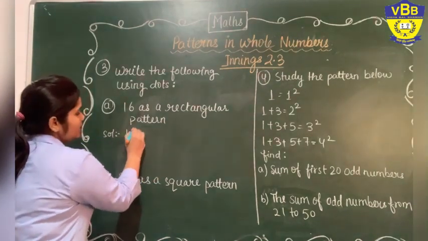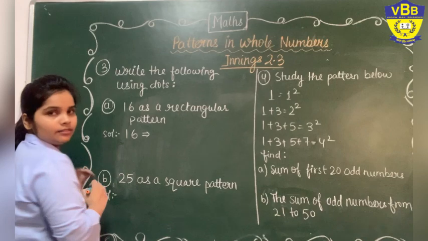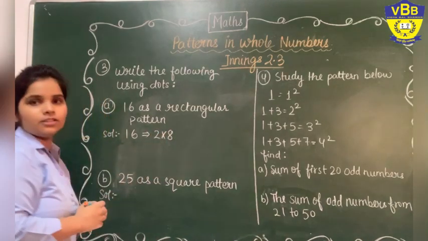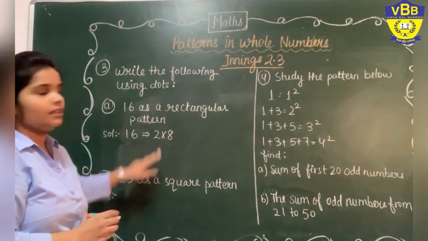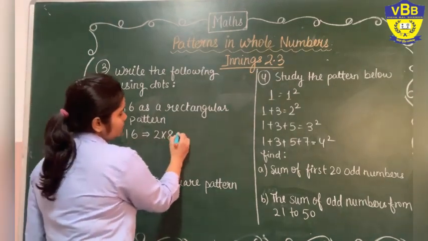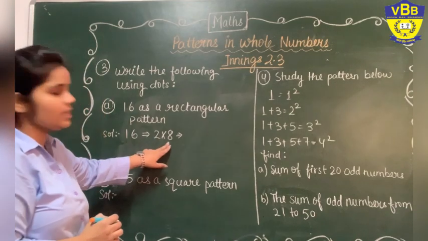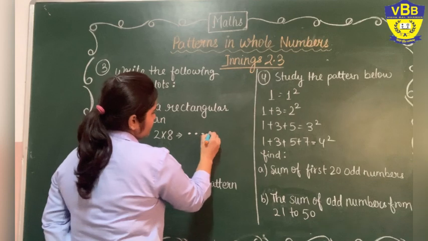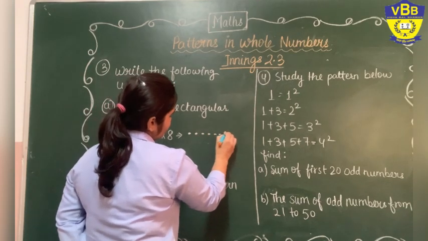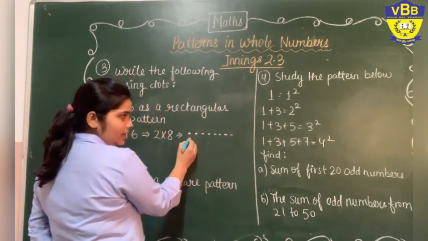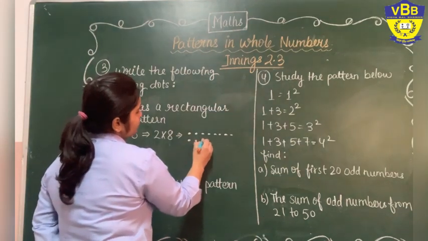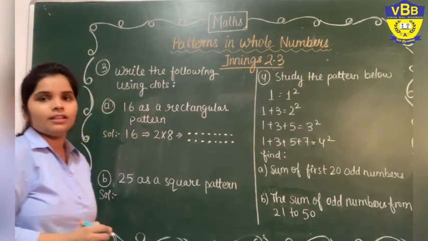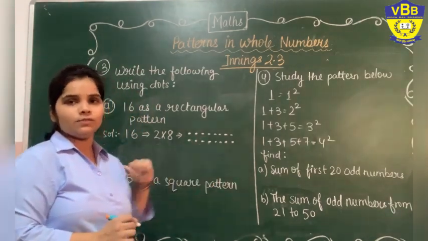So we can represent 16 as 2 multiplied by 8, as 2 rows and 8 columns. So make it like this: 1, 2, 3, 4, 5, 6, 7, 8, and in the second row 1, 2, 3, 4, 5, 6, 7, 8. This is the rectangle it is forming.